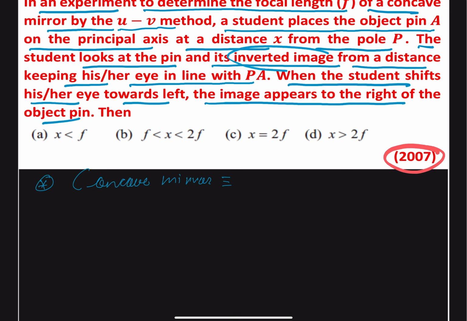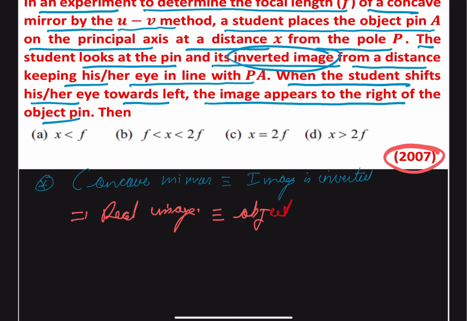So we get that our image is inverted. Therefore, from here we can draw an important conclusion that it is a real image. And this happens only when the object is beyond the focal point. So we can say that the object is beyond the focal point.